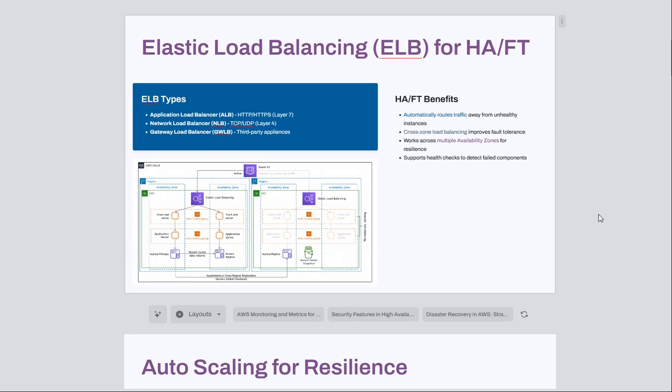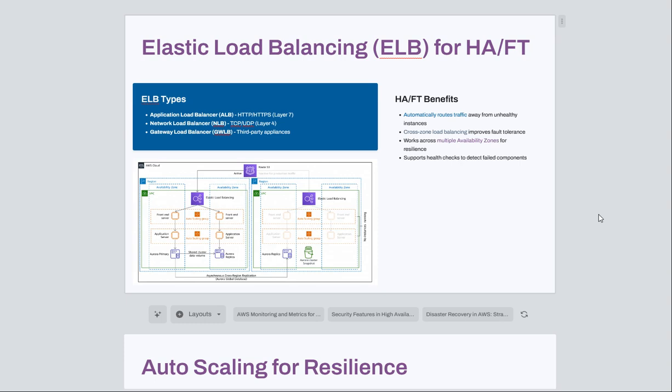Now, I'm just going to discuss a bit of Elastic Load Balancing for high availability and fault tolerance, right? Elastic Load Balancer is in front of EC2 instances. What it does is distribute traffic to EC2 instances located in different availability zones, and it automatically runs health checks and takes actions accordingly, based on whatever rules we put in.